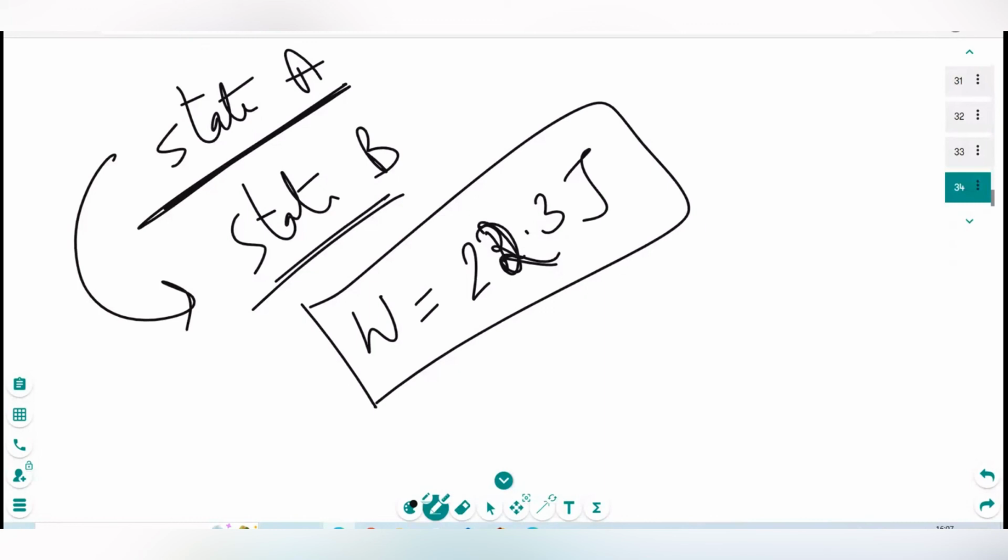Be very careful: the net heat absorbed by the system is 9.35 calories. Done?